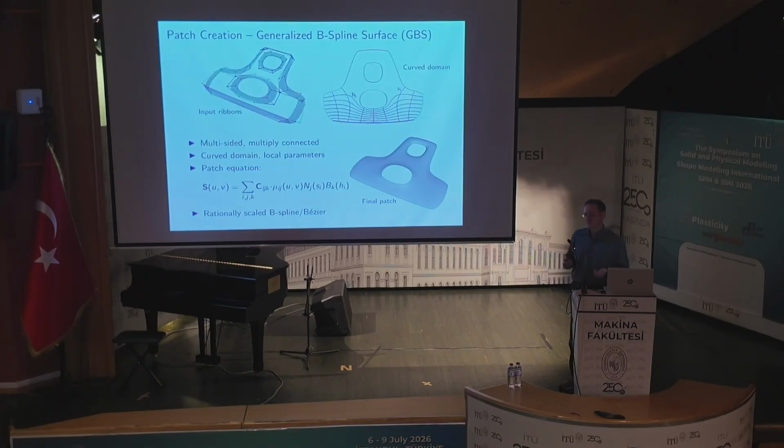And when we have these local parameterizations, we can look at the patch equation, which is just a weighted sum of the control points, where the weight is given by a B-spline basis function, by the side parameter, Bézier or Bernstein basis function on the height parameter, and also a rational scaling function. And with this, we get a simple surface that can optionally contain also holes. So this is our whole process.